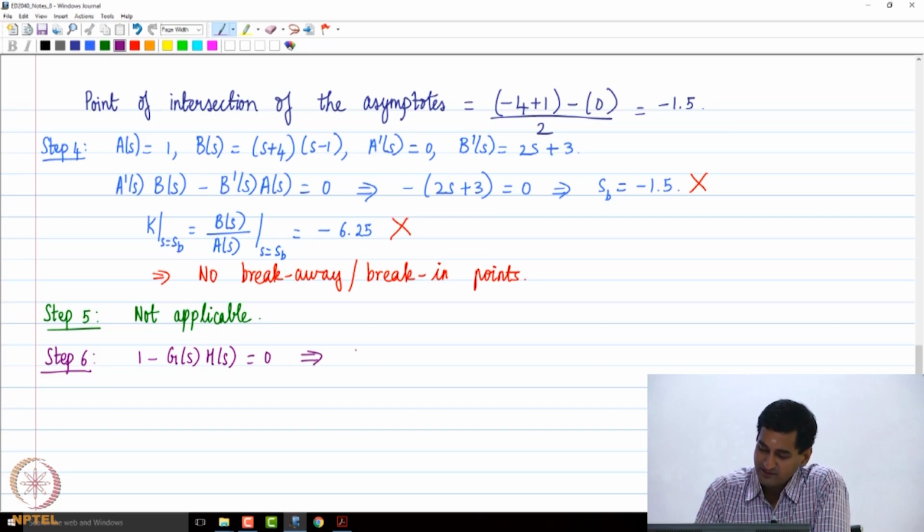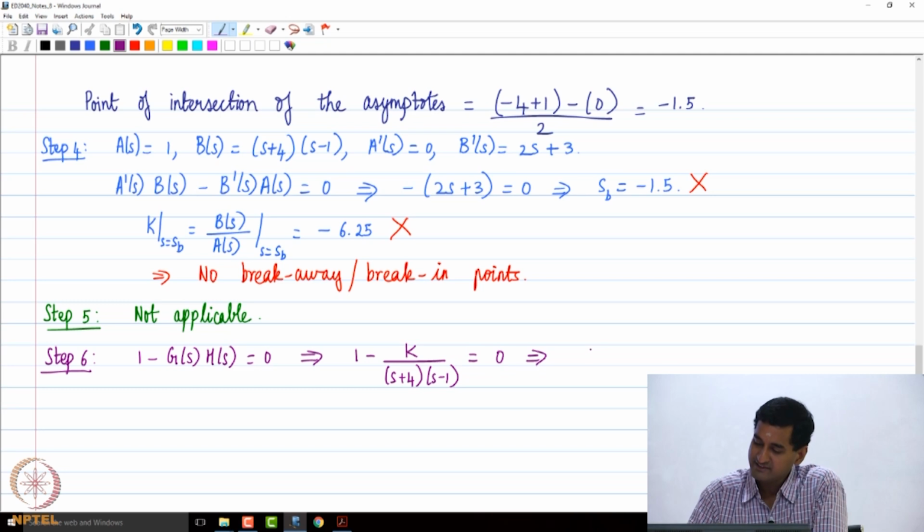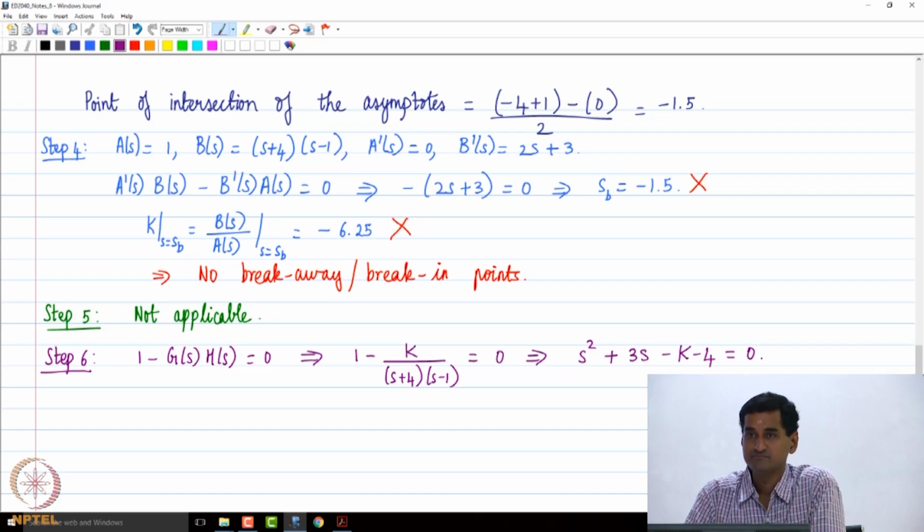We get the closed loop characteristic equation as this. If we simplify this, we get s squared plus 3s minus k minus 4 equals 0. Am I correct?